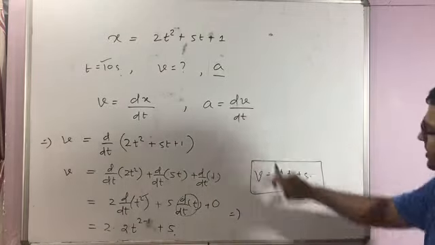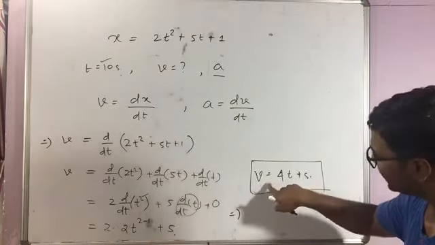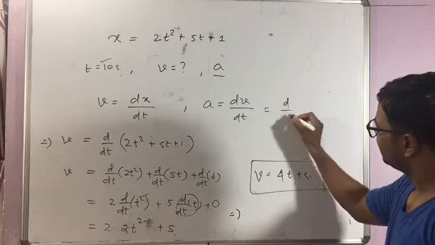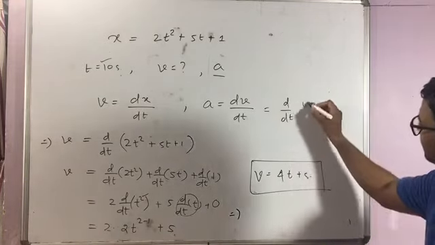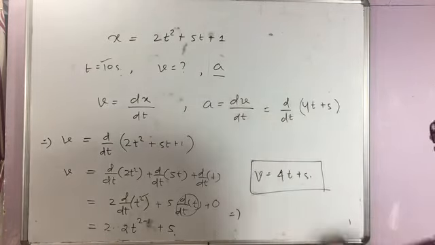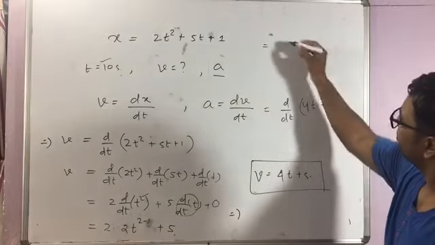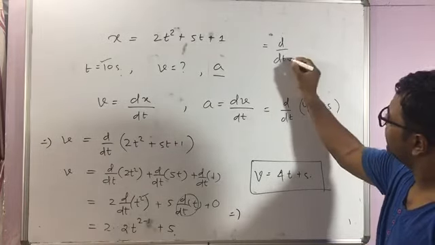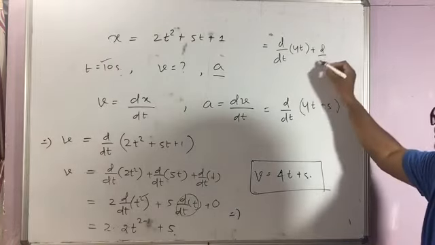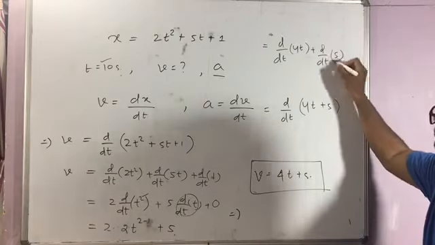Now your acceleration is dv by dt, which means again find the derivative of this function, which is d by dt of 4t plus 5 to get the value of acceleration. That is equal to d by dt of 4t plus d by dt of 5.